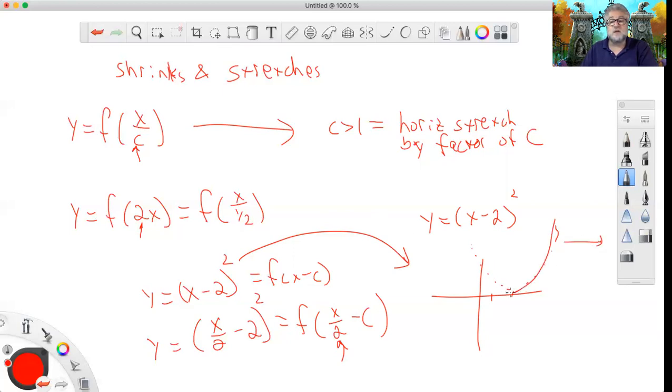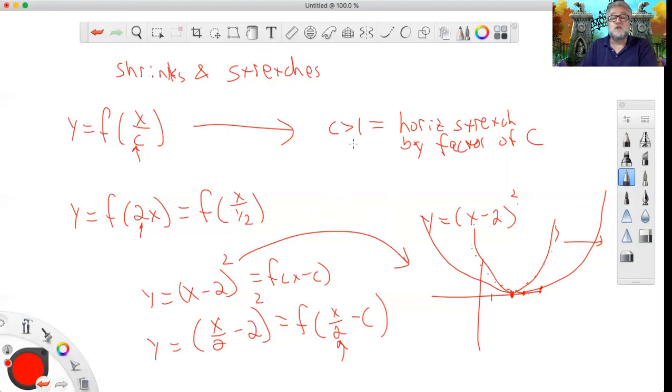So instead of being like this, it's going to get stretched way out by a factor of 2. It's going to end up 2 times away. It's going to have the effect of doing this, and we'll do it on a graphing calculator online, and you'll see. In fact, I'll do that during office hours if you're interested in seeing it.